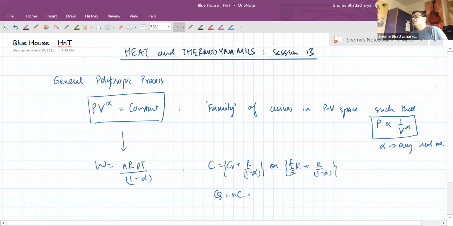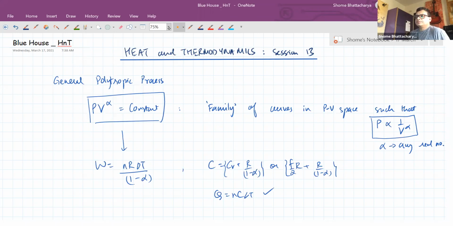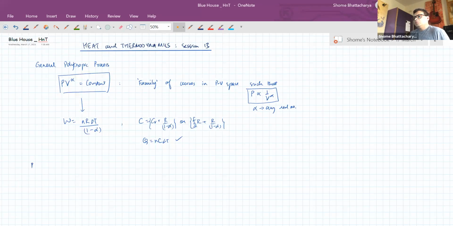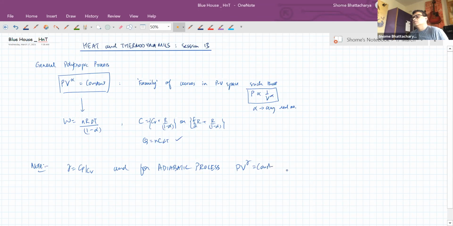Q is equal to nC delta T. One more thing we should keep in mind: for an adiabatic process, Q is 0, so therefore molar specific heat capacity is 0.